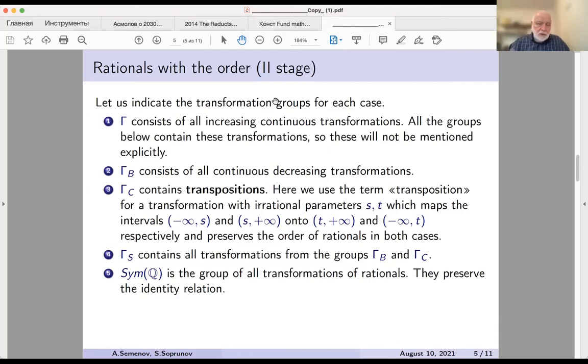Then for the between relation, we have all these transformations, of course, but also all continuous decreasing transformations.